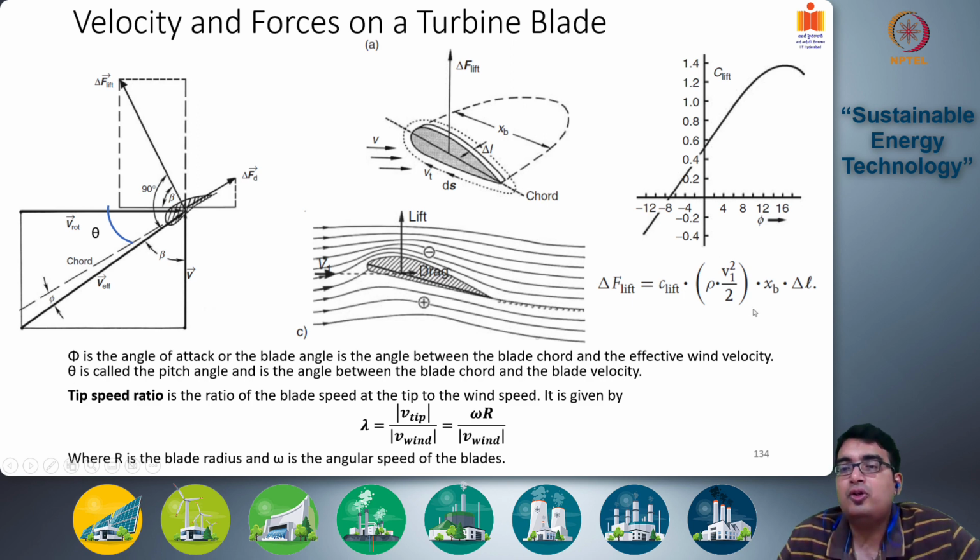All right, note that your xb is varying from the base of your wind turbine to the tip where xb goes to 0. Okay, so xb is variable along this direction. So this delta L is basically a differential length, and we have to integrate this over the entire length of your turbine blade to get the total lift force that this blade is experiencing.